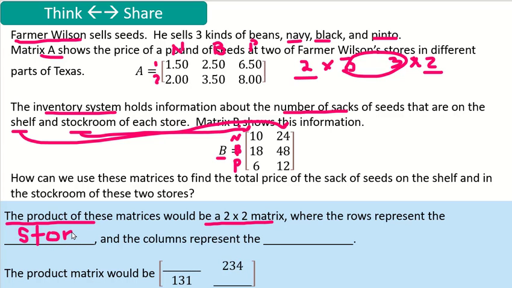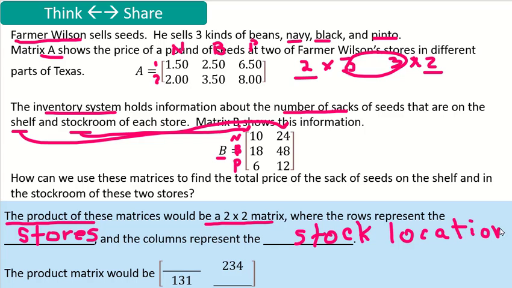And I'll show you how to look at that in just a minute. And the columns represent the location of the stock, where the stock is, on the shelf or in the storeroom. So let's take a look at that to see how we would know that.